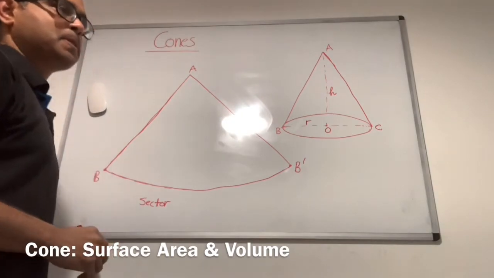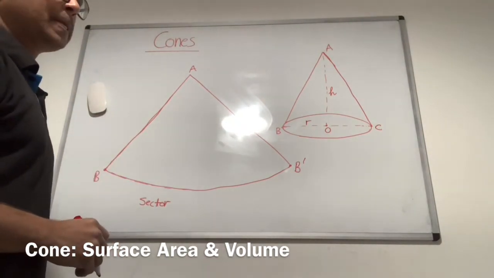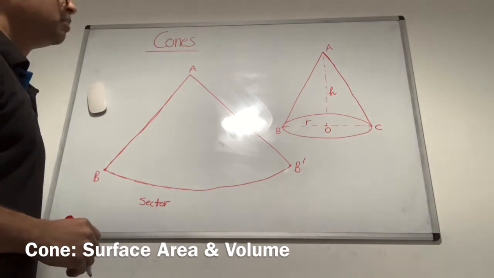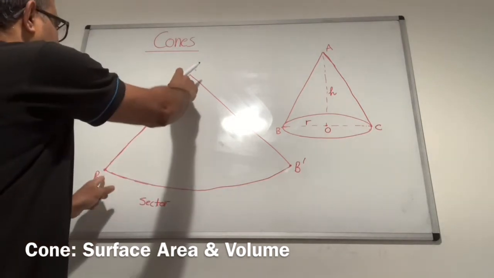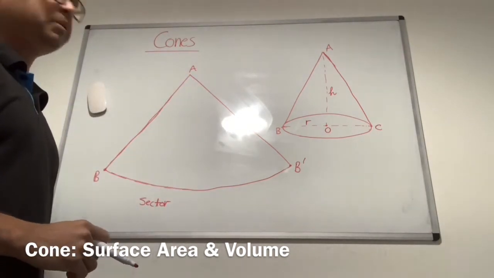Okay? So what would be this length? This one? Wouldn't it be C? What is C? What would be this one? A to B. Yes, it would be A to B. Very good.